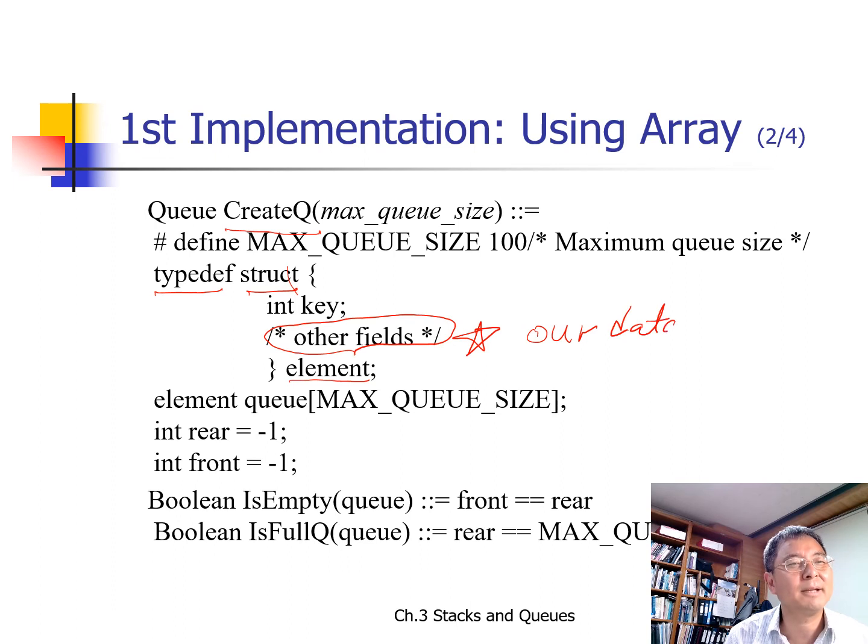And this queue can be defined using the user-defined data type, element, as an array of max queue size.